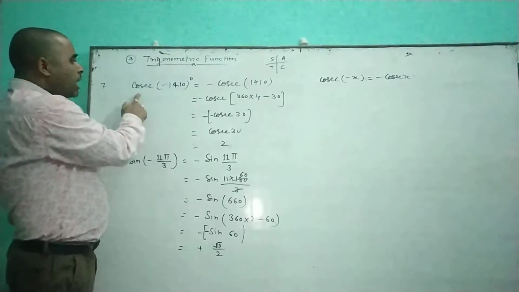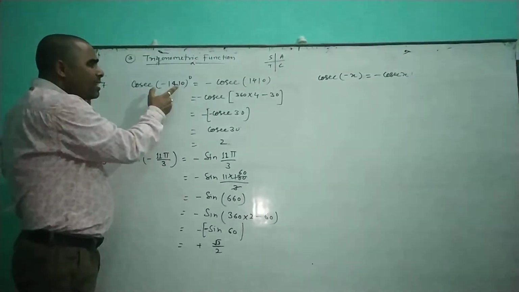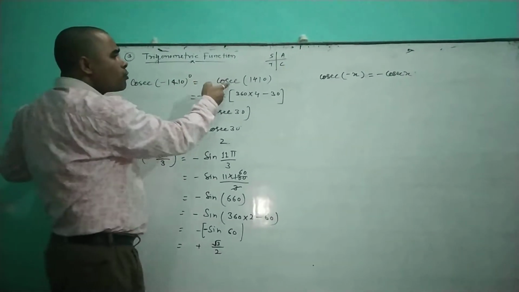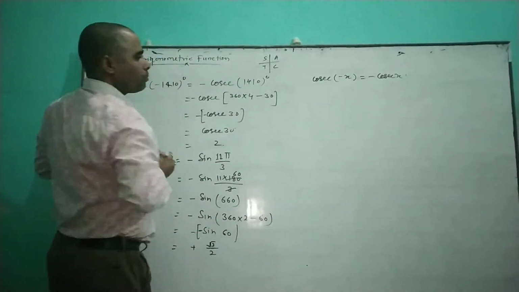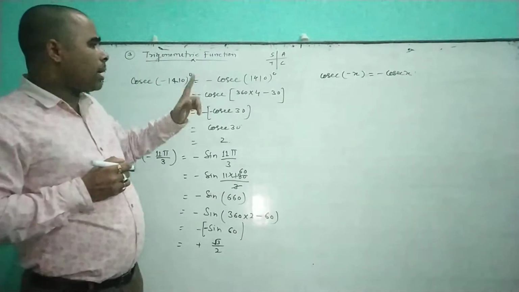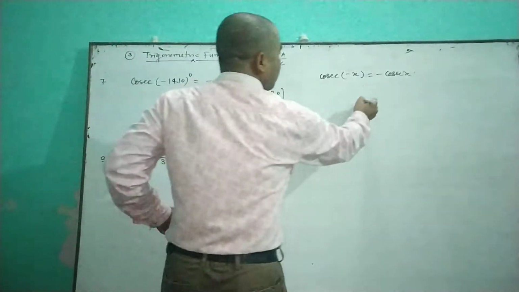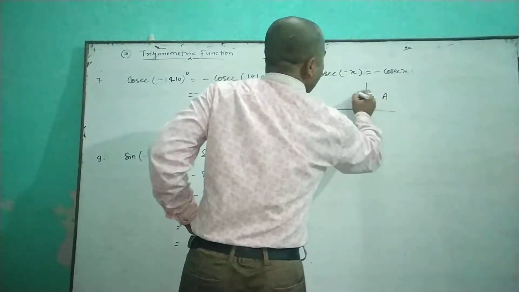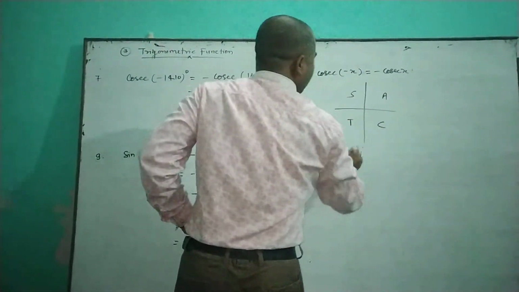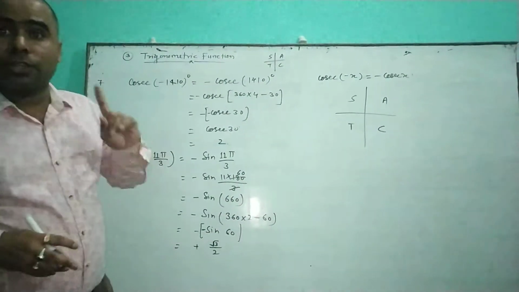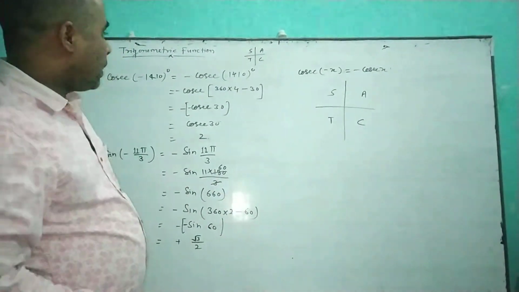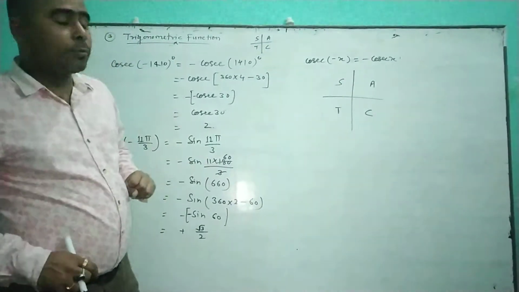Now cosec minus x is equal to minus cosec x. Whatever I have told you is very important content, which we will discuss in our next class, but here we only have to understand the general form.